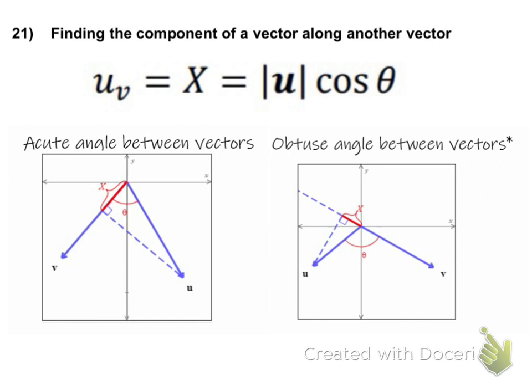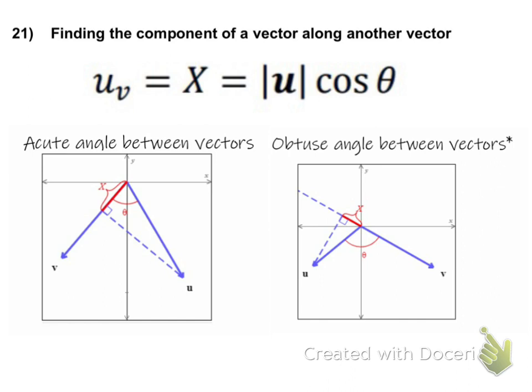If I drop the perpendicular, the cosine of this angle theta is the magnitude over x, right? That's how we get the formula: that piece is the magnitude of u times the cosine of theta.